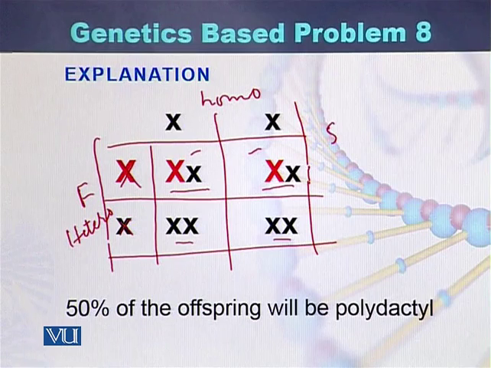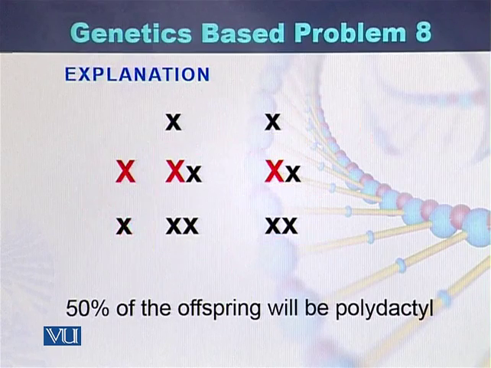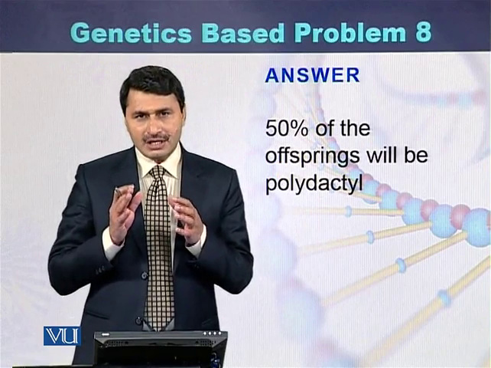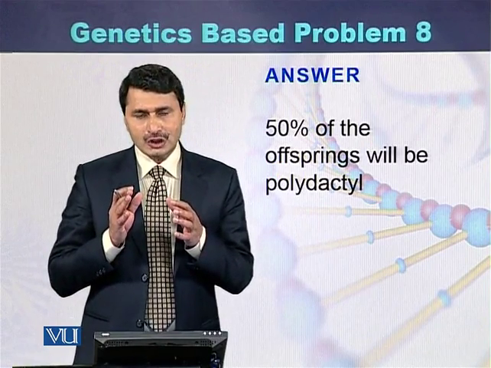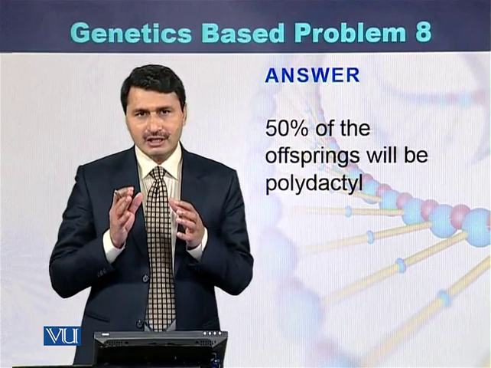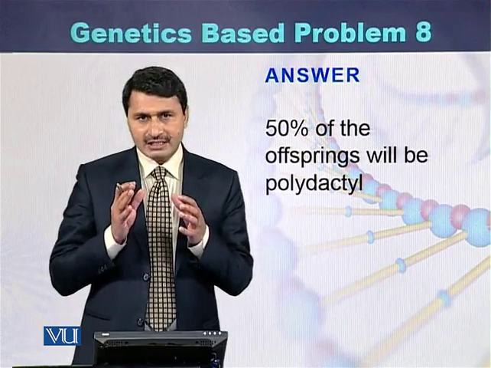So out of 4, 50% of the children would have polydactyly and 50% would be recessive. Since polydactyly is a dominant trait and the father was heterozygous with 6 fingers, 50% of the offspring would have 6 fingers.